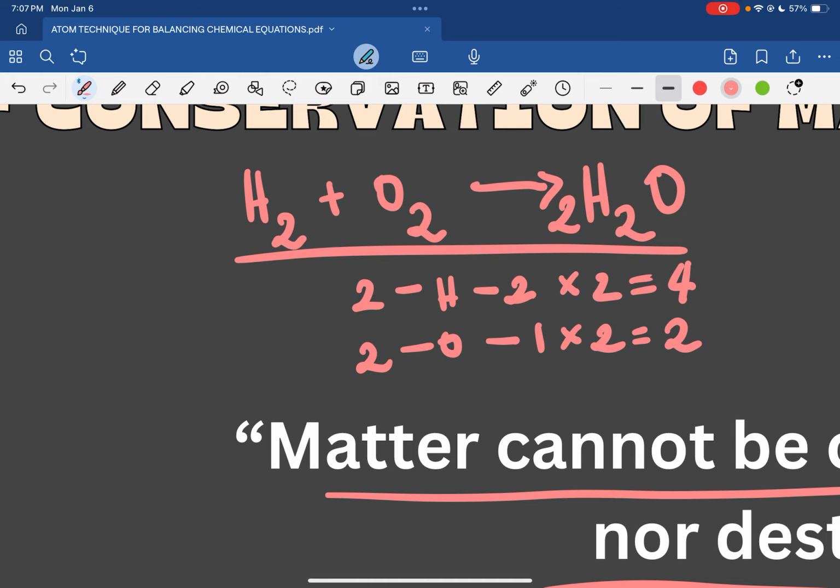But as you can see, the equation is still not balanced since we have to put another coefficient here. Now we can say that this equation is balanced, that the atoms in this chemical reaction do not magically appear or disappear, that this abides by the law of conservation of mass.